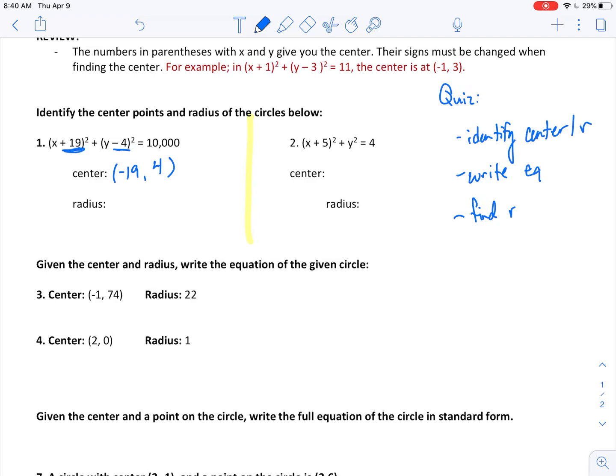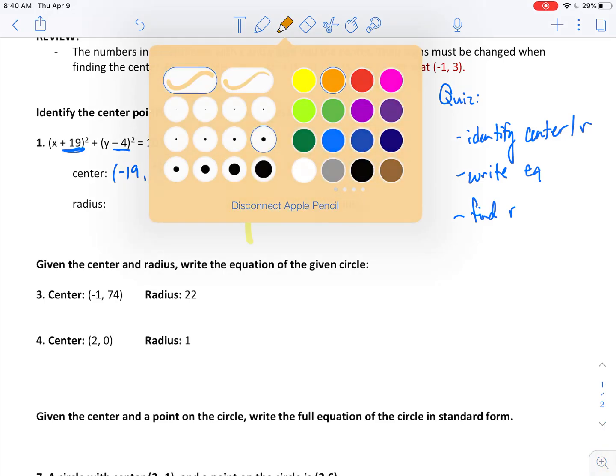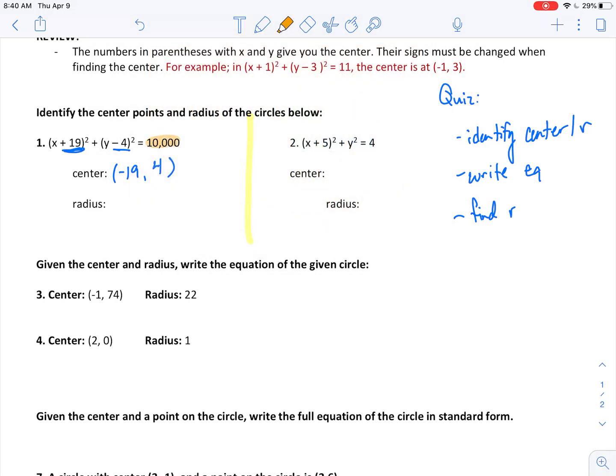So if you see a positive 19, the center is at negative 19; negative 4, the center's at positive 4. So look at the numbers here with x and y, just change the sign.